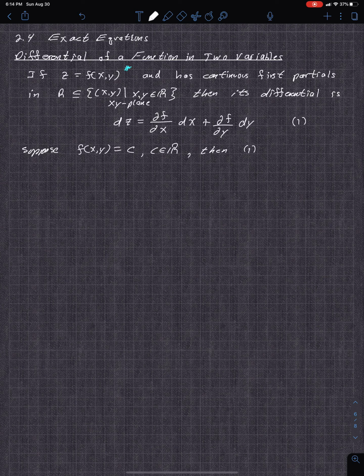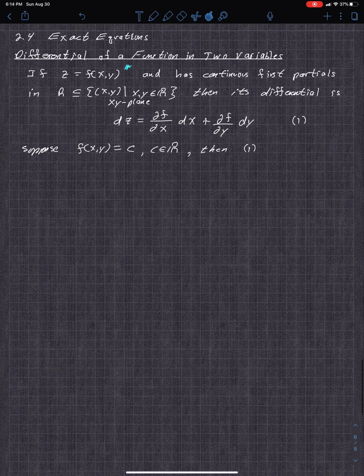Then equation 1, the equation above, we'll write that all out again. That equation implies that the whole thing equals 0. So when you take the dz, you're going to get 0. You're really just rewriting this whole thing like here.